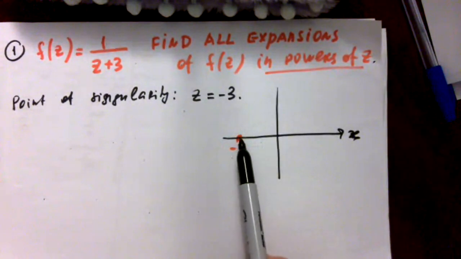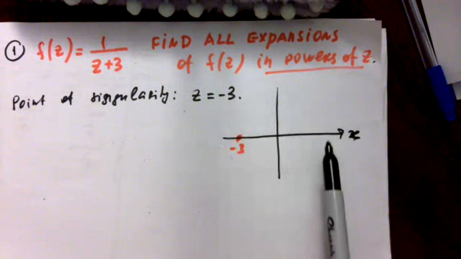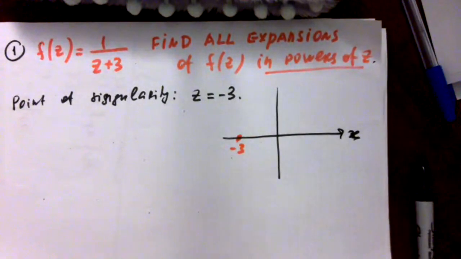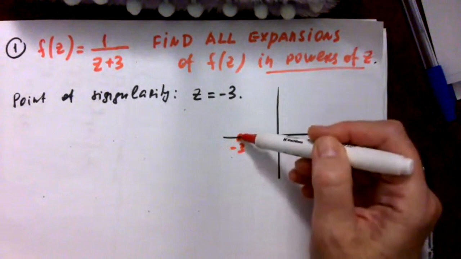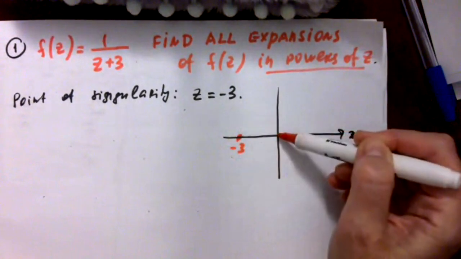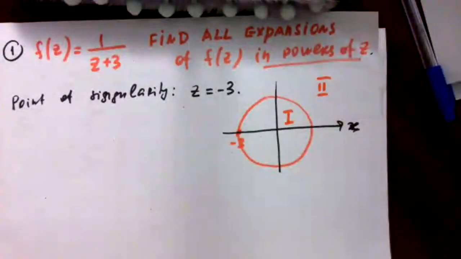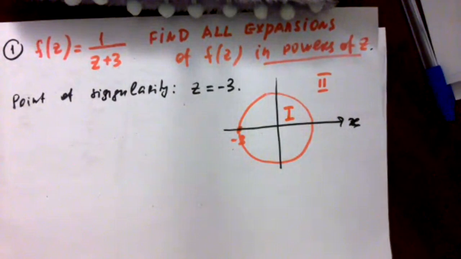And then after you plotted this singularity point on your complex plane, you need to draw a circle going through this point, and with the center in the origin. That means that we are going to have two expansions of our function.